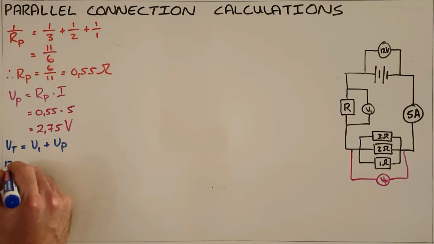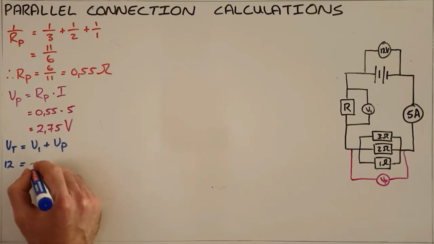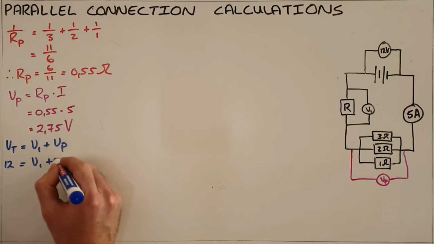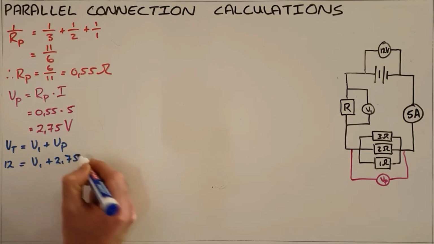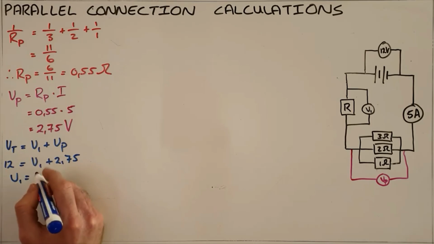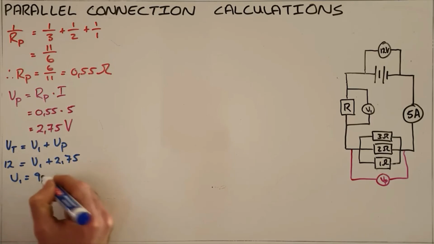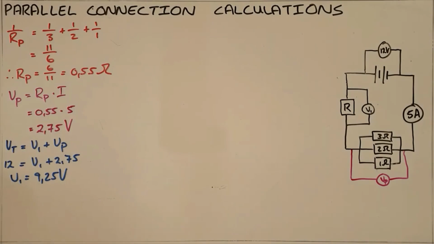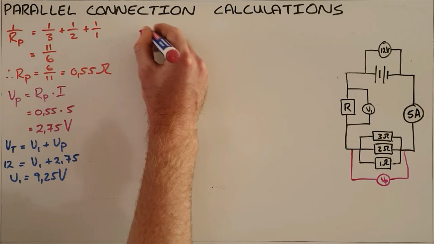So we were told the battery has a voltage of 12 volts, V1 is our unknown, and the parallel voltage we just calculated as 2.75 volts, which allows us to solve to find that V1 must have a voltage of 9.25 volts.